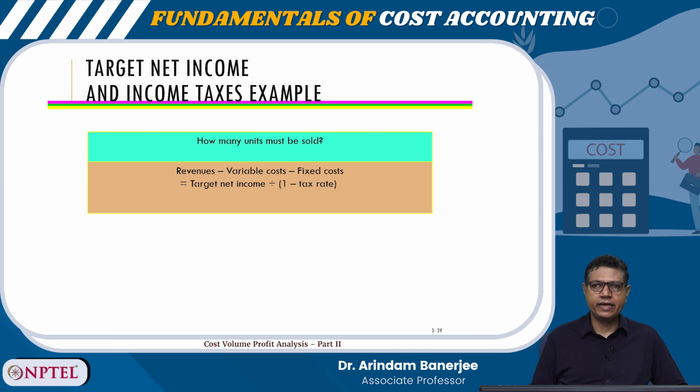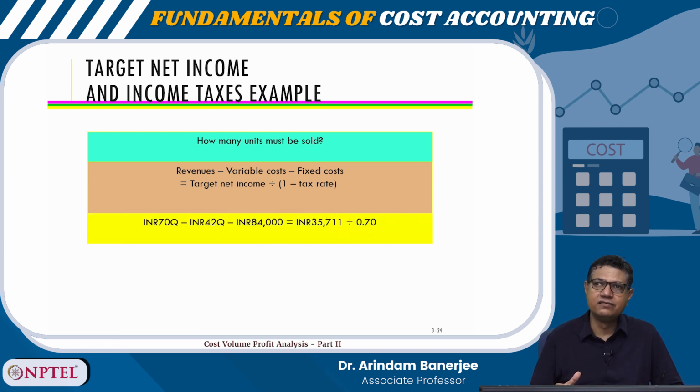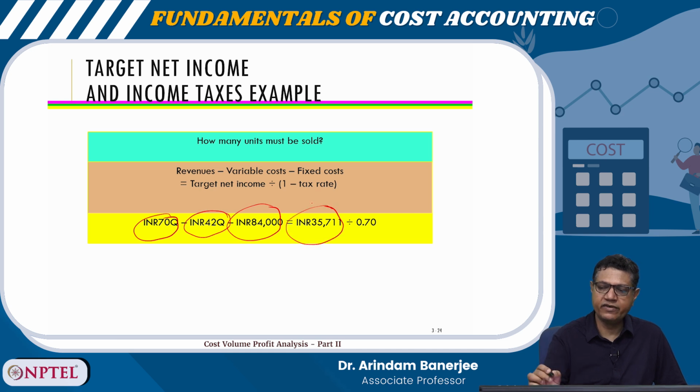I can put the values in the equation we discussed previously: 70Q is my total revenue, INR 42Q is my variable cost, 84,000 is my fixed cost, and my target income is 35,711 divided by 1 minus 30%. 1 minus 30% is 0.7, that is 70%.